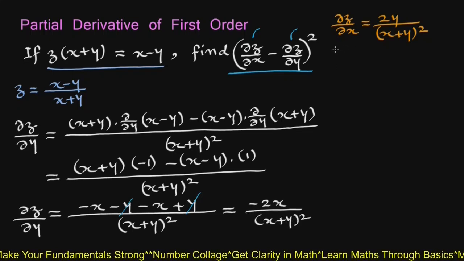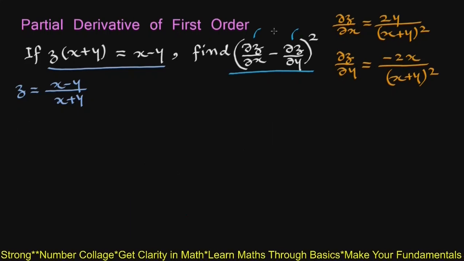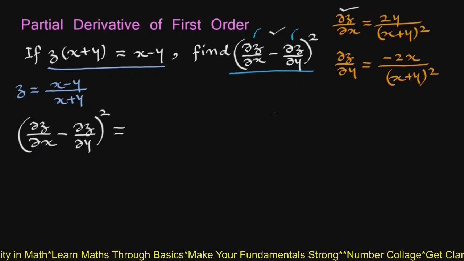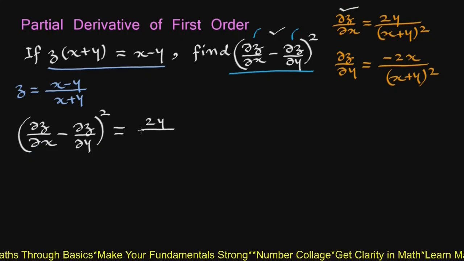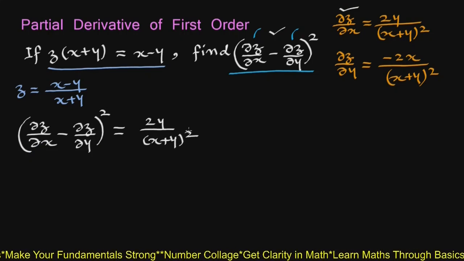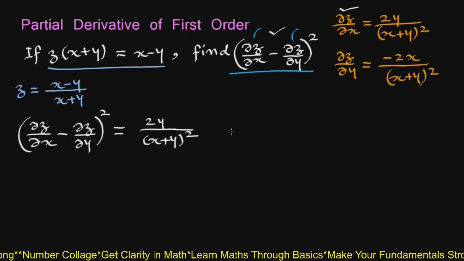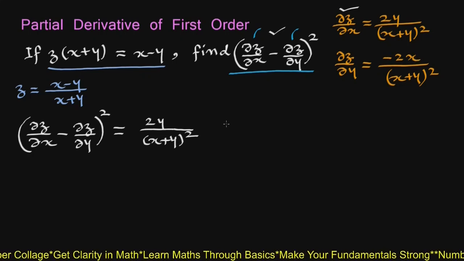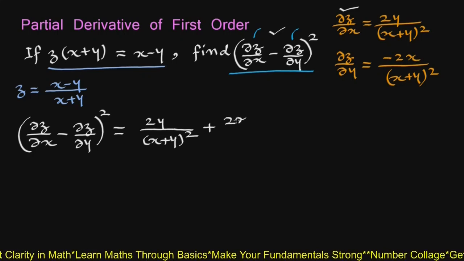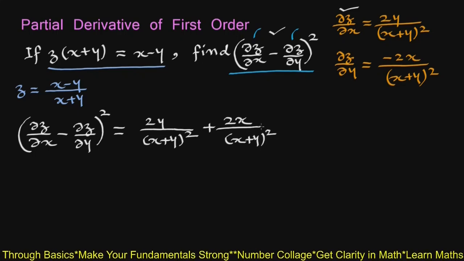We write it here. Now we find this: ∂z/∂x is 2y upon (x plus y) whole square, minus ∂z/∂y, which is minus 2x. So that will be plus 2x upon (x plus y) whole square.